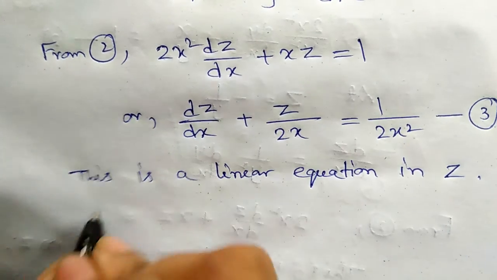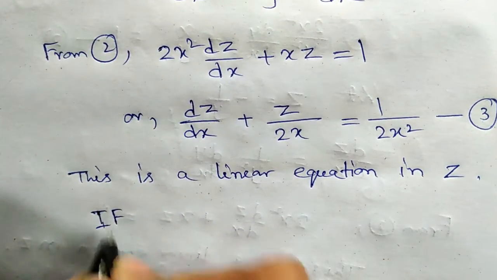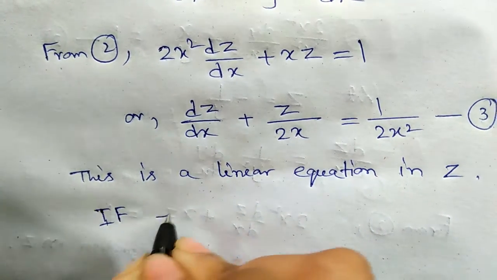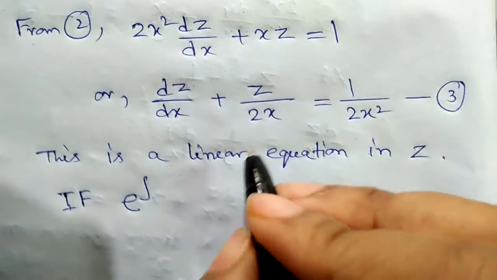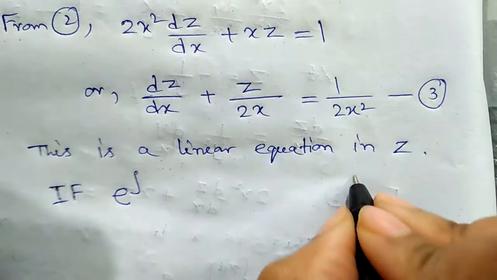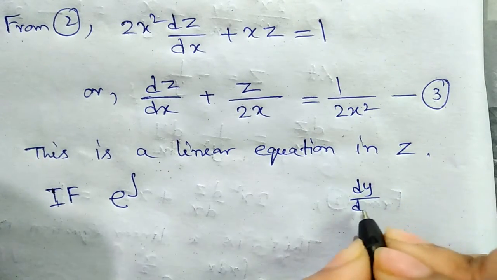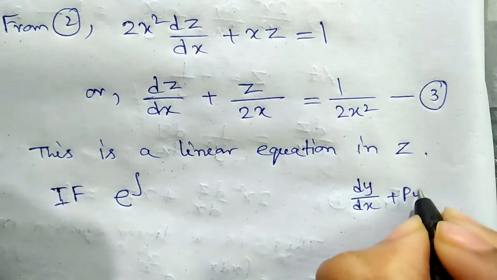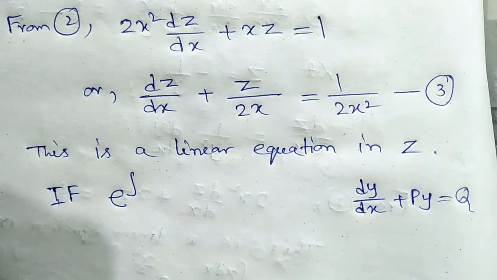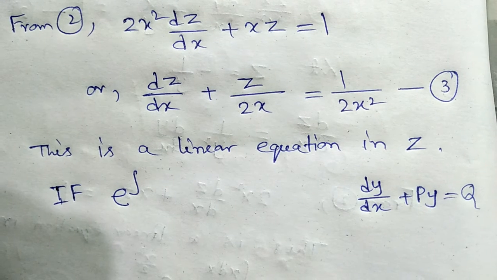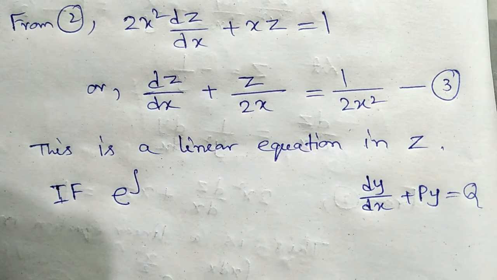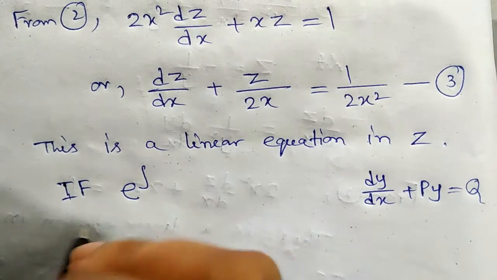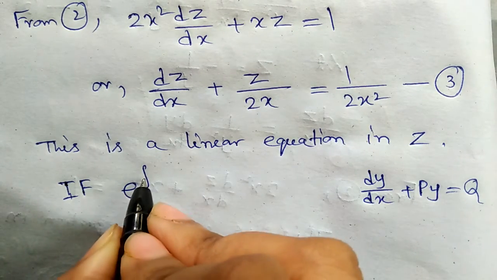That is, at first we have to find out the integrating factor, and here the integrating factor is e to the power integration p dx. The general form of a linear equation is dy/dx + py = q, where p and q are functions of x alone or constant, already discussed.